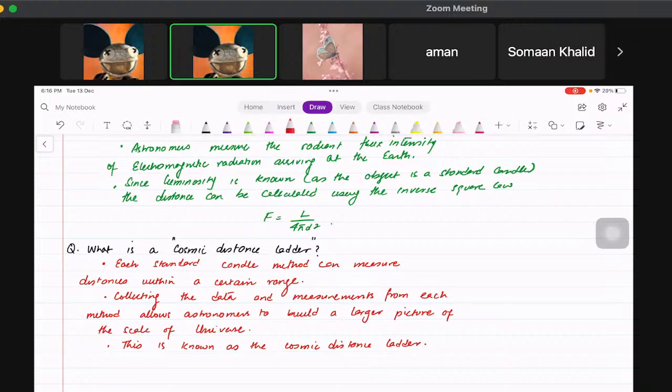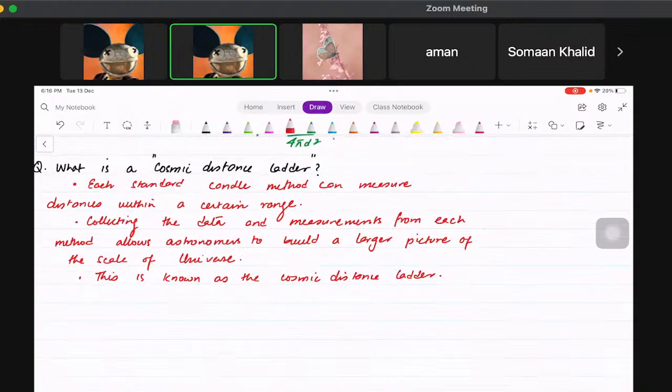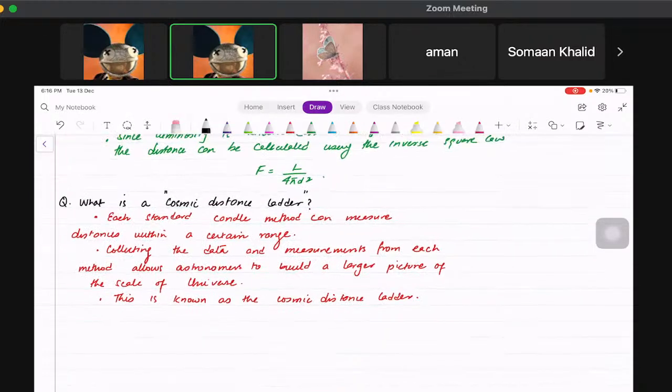Now, the next thing we're going to do is basically called Hubble's law.